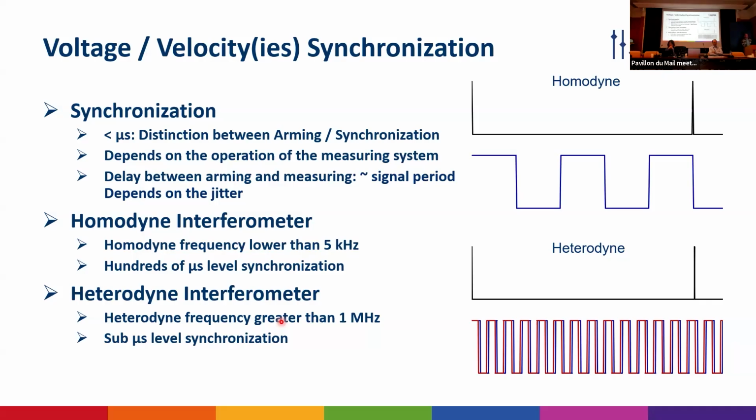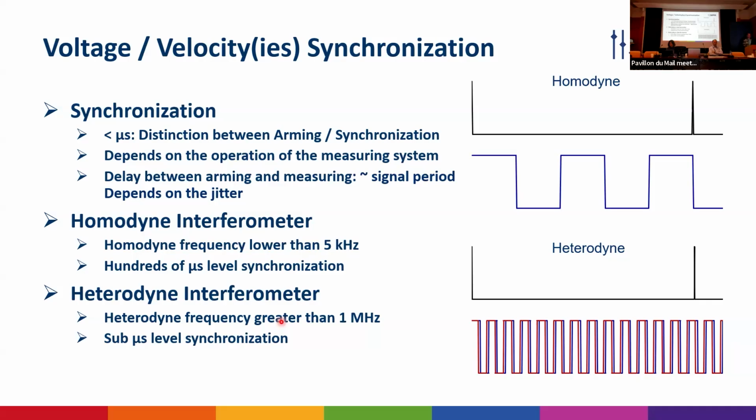Which means typically that if you want to get a synchronization at the microsecond level, if you are using a heterodyne interferometer, you can use external triggering. If you are using a homodyne interferometer, you have to use the interferometric signal to trigger an external device.